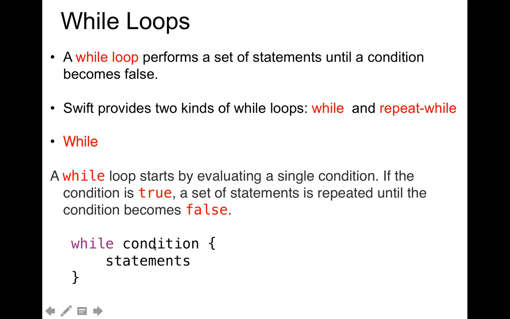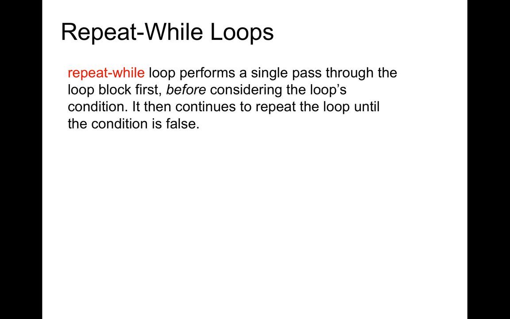If satisfied, then do the statements. If not, it will not do them. The repeat while loop is totally different. It first does the statements once, then evaluates the condition. That means first execute, then evaluate the condition.